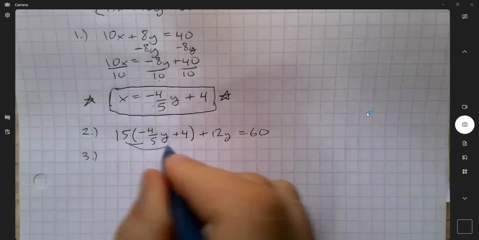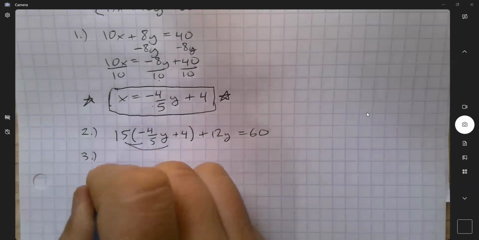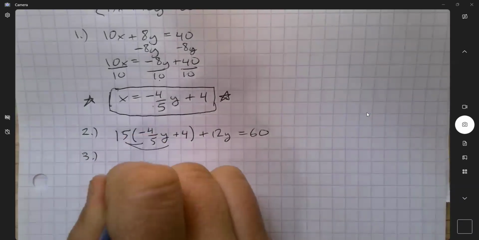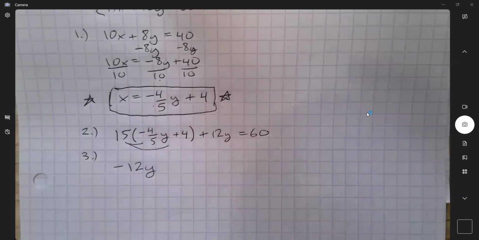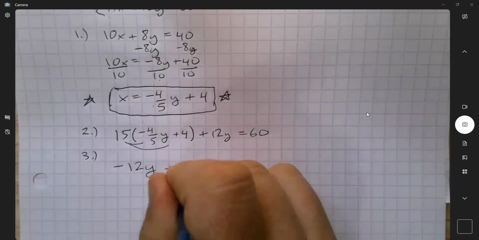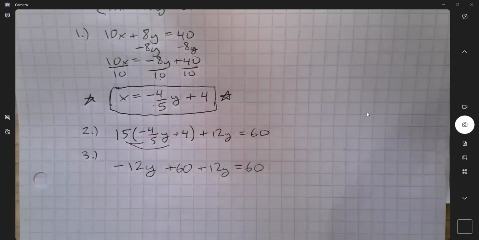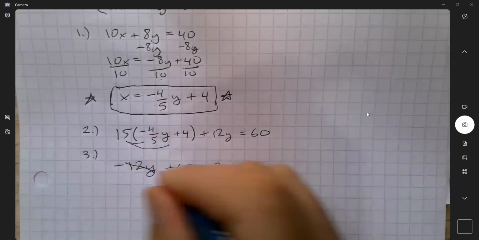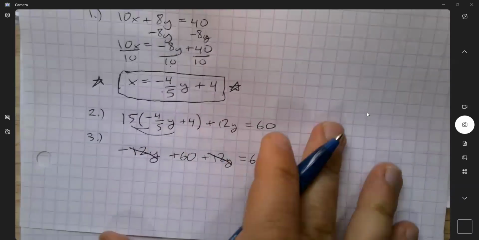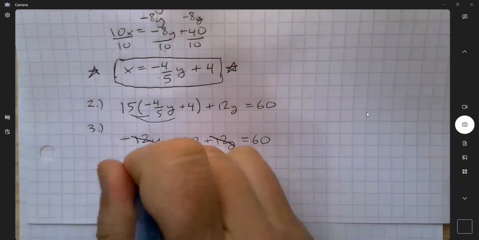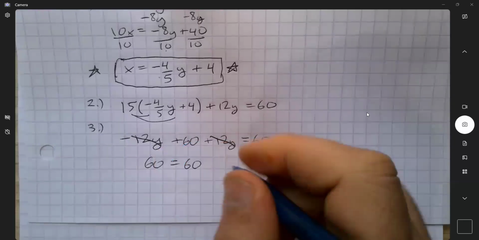So first I'm going to distribute the 15, and I get 15 times minus 4 over 5. You can double check, but that's negative 12. So I get negative 12y plus 60 plus 12y equals 60. And the negative 12y and the positive 12y cancel, and it leaves me with the equation 60 equals 60.